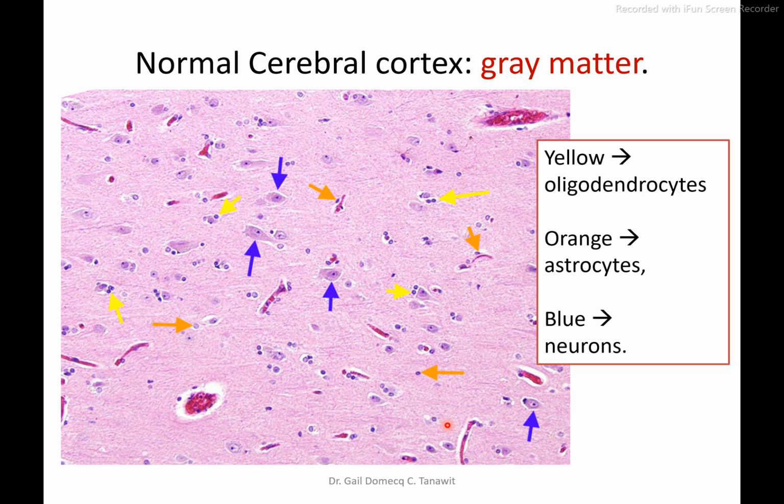The orange ones are your astrocytes. What is the job of astrocytes? They are responsible for forming tight junctions between the neurons and the blood vessels, or the blood-brain barrier as we call it. And the blue ones are the neurons proper.